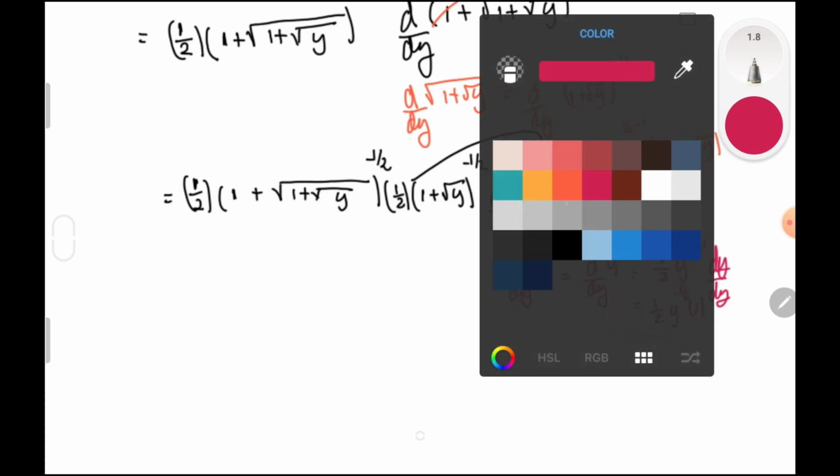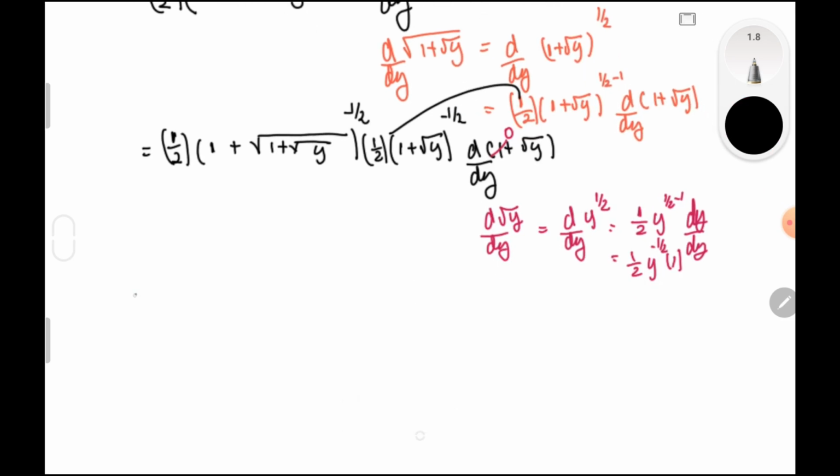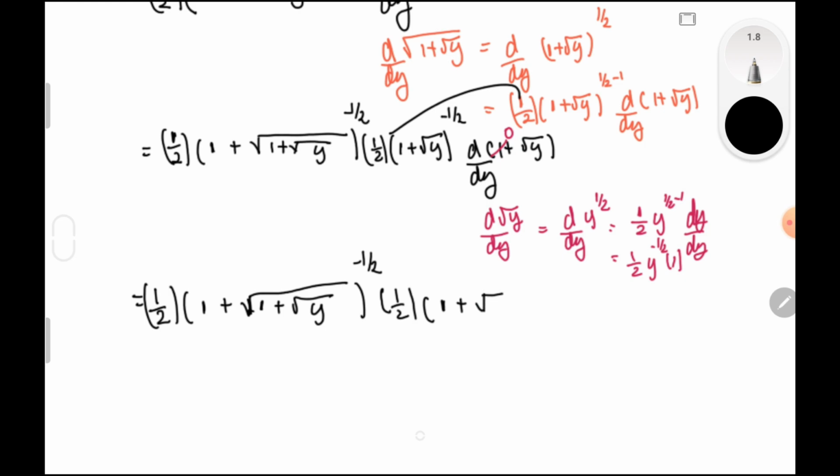Okay, so therefore we'll have 1 half multiplied by 1 plus square root of 1 plus square root of y raised to negative 1 half, multiplied by 1 half multiplied by 1 plus square root of y raised to negative 1 half, multiplied by 1 half multiplied by y raised to negative 1 half.